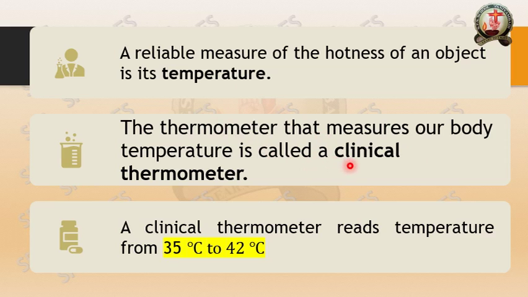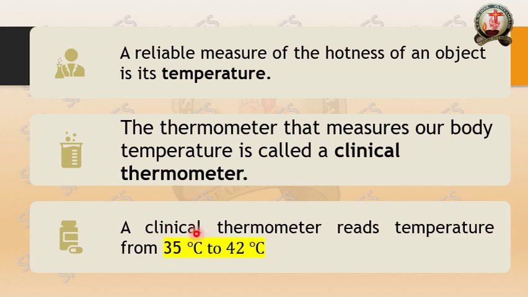The thermometer that measures our body temperature is called the clinical thermometer. I hope you remember when I discussed it. I showed a photo of how a clinical thermometer looks, and I gave one activity as well as homework for you. If you remember that, try to recall it. Then the third one.